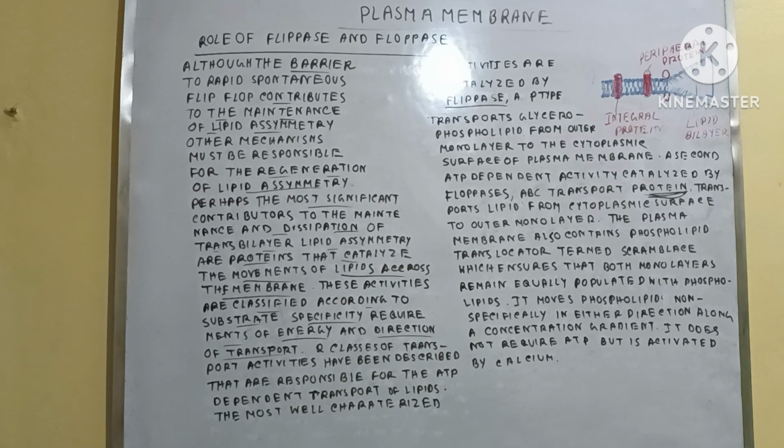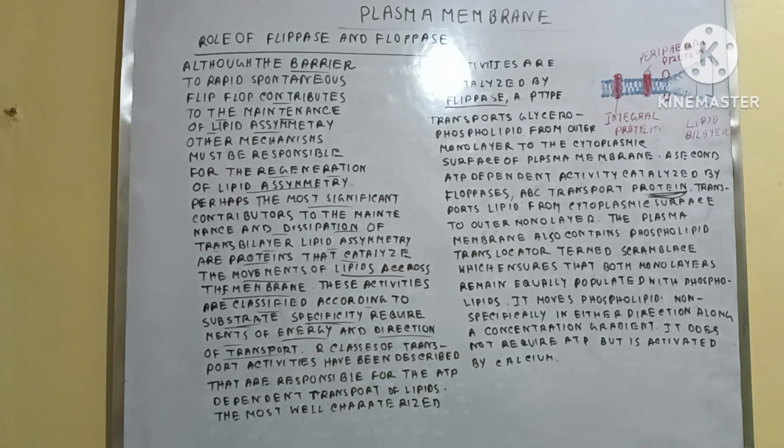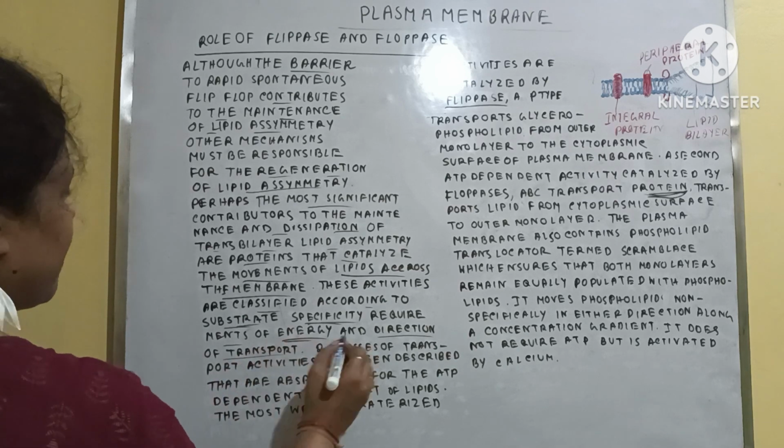Substrate specificity means what kind of substrates are attached to the proteins; direction of transport means which direction is done by the protein; and energy requirements.